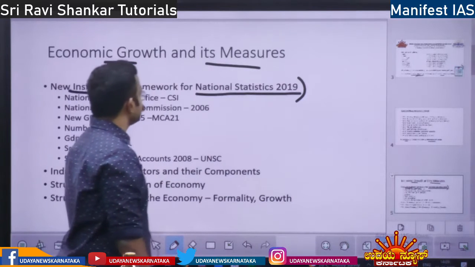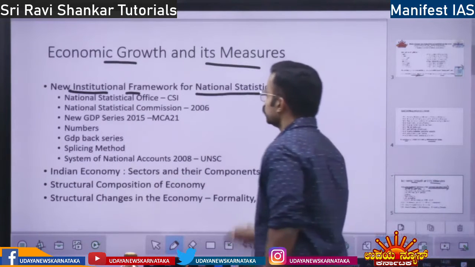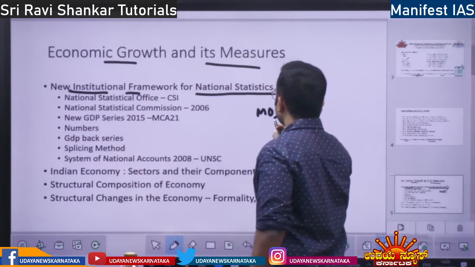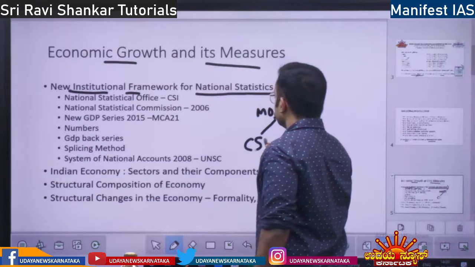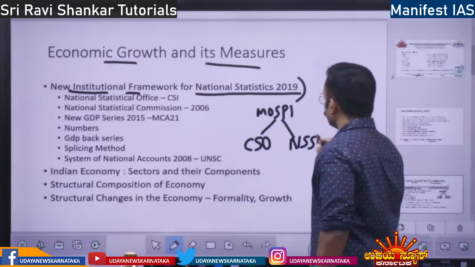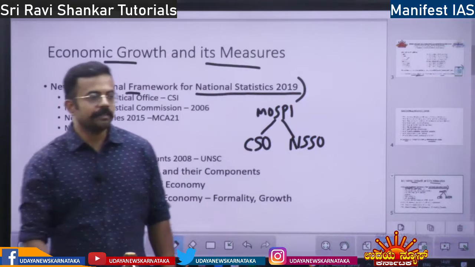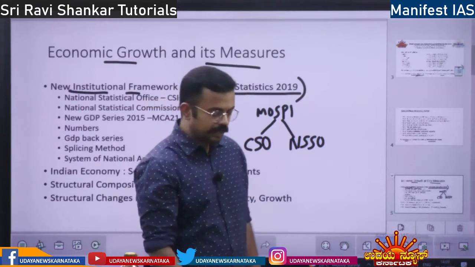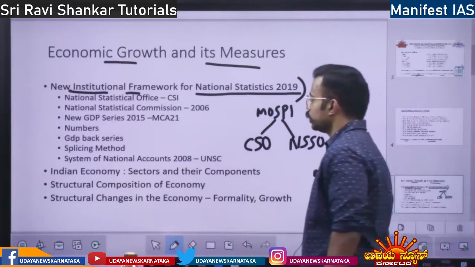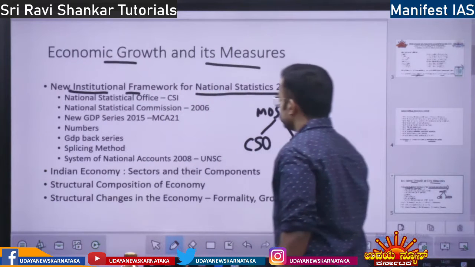What is meant by new institutional framework? Earlier there were 2 organizations, both under the Ministry of Statistics and Program Implementation. One is CSO and another is NSSO. CSO, the Central Statistics Office, used to deal with giving growth numbers, GDP, inflation, industrial input, industrial output and all those things, IIP with respect to the Index of Industrial Production, right?